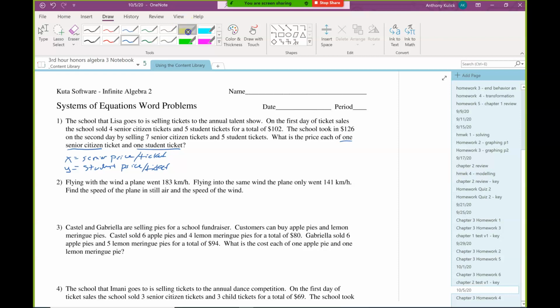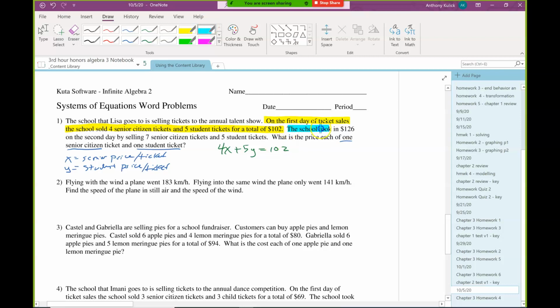Okay. So if I look at day 1, I sold 4 senior citizen tickets and 5 student tickets for $102. So what is the equation there that I could write? Well, 4x. Yep.